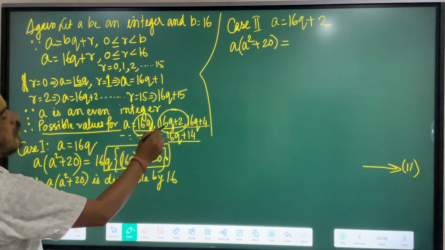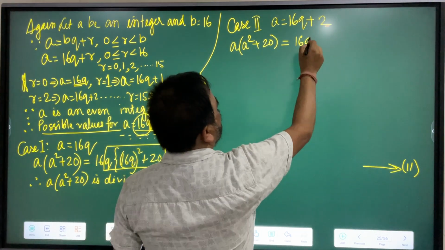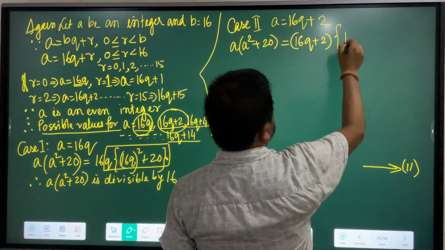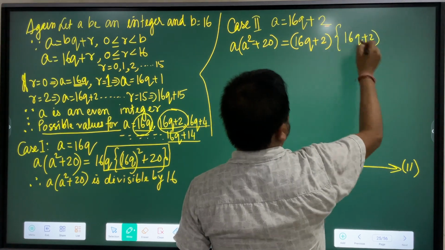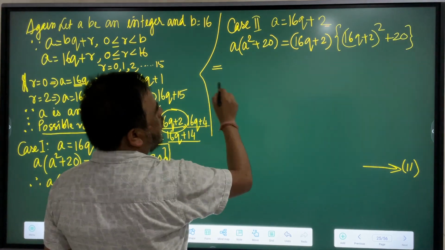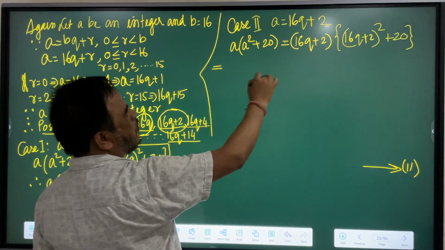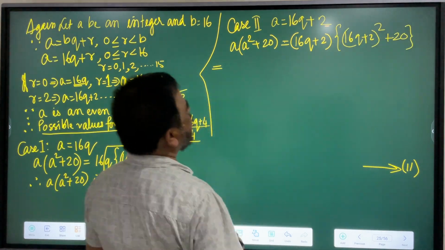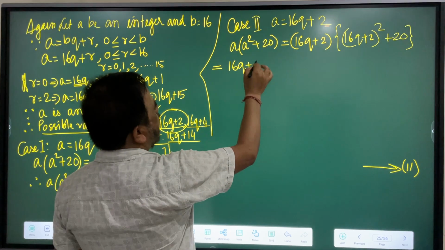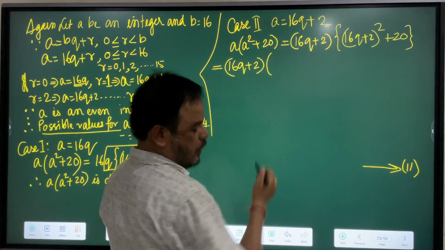a equals 16q plus 2 now. In place of a we will put 16q plus 2: (16q + 2)((16q + 2)² + 20).